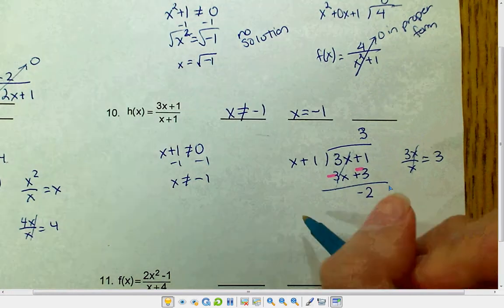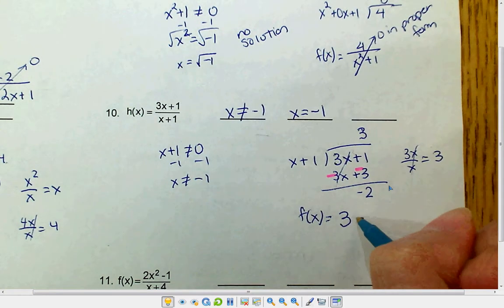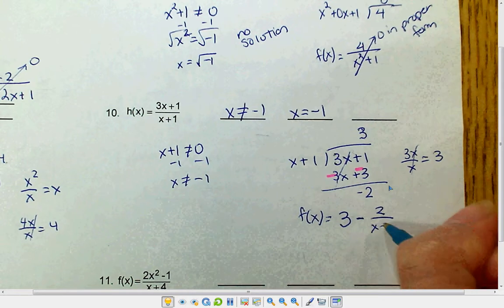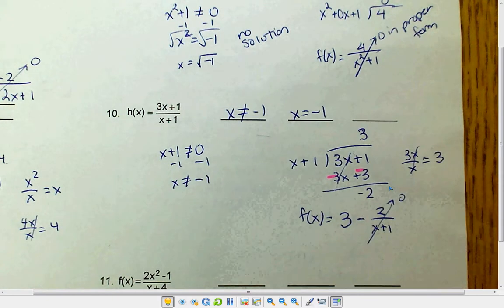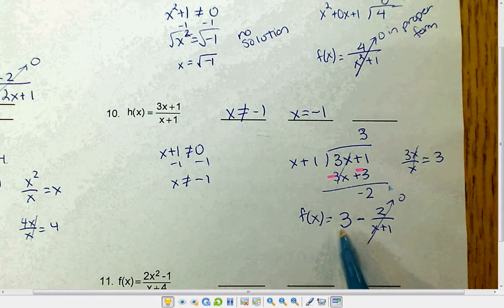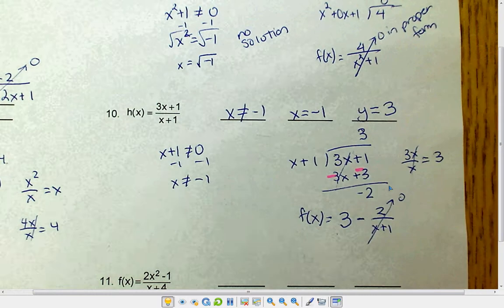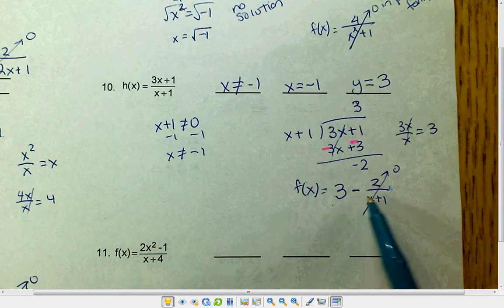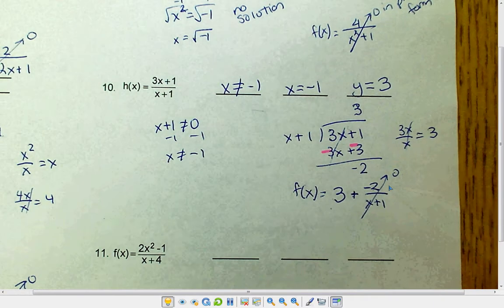So we know that in proper form, this is our answer, 3 minus 2 over our original denominator. So we already know this fraction goes to 0, so what does this leave you with? Just the 3. So your horizontal asymptote is just y equals 3. So you also could have written here, instead of a minus, you could put plus negative like that. They mean the same exact thing.